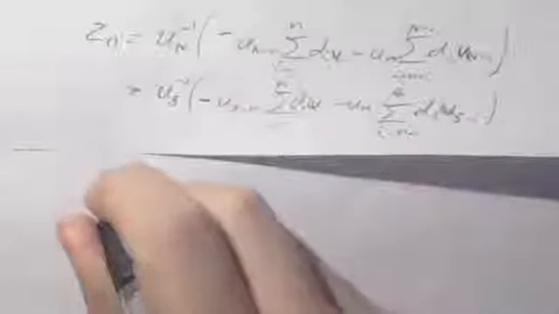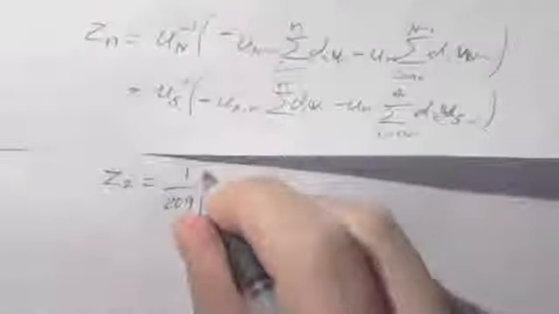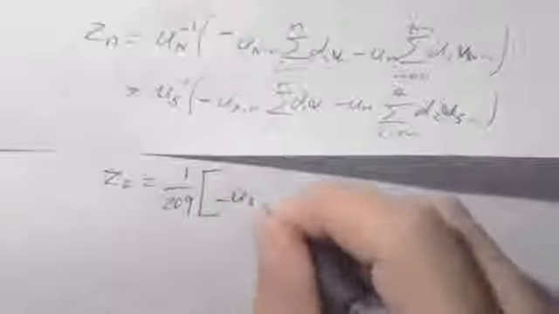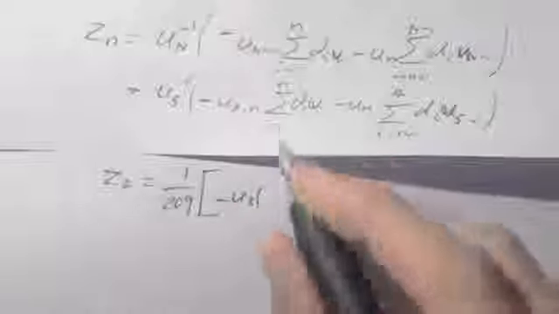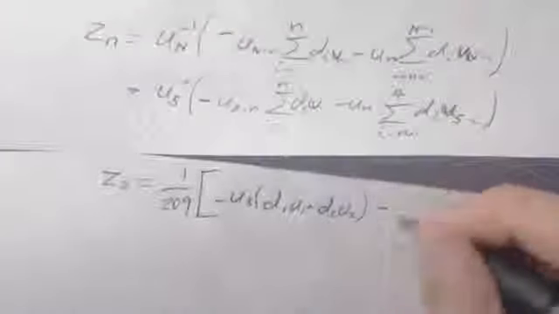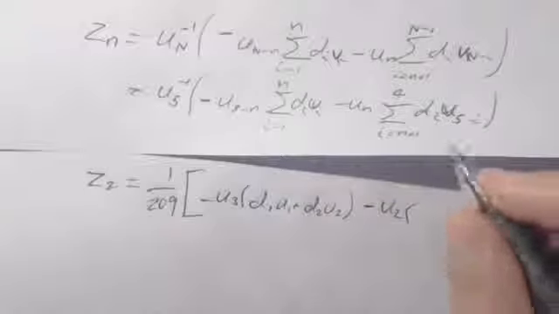So the formula is, going to put the Zn back, so we'll have Z2 equals U5 to the minus 1, that's going to be 1 over 209, minus U5 minus n, so minus U3, sum from I equals 1 to 2, so that's going to be D1 U1 plus D2 U2, and then we're going to have minus UN, so U2 times the sum from I equals 3 to 4.